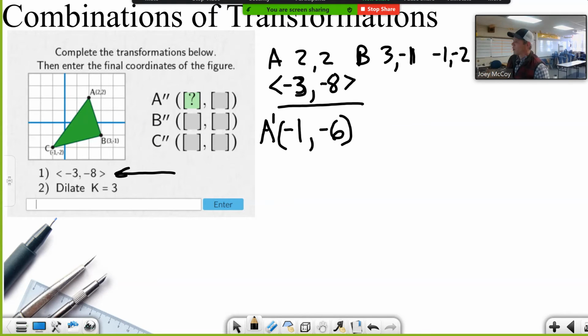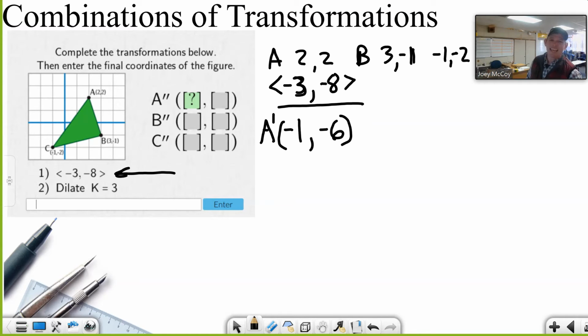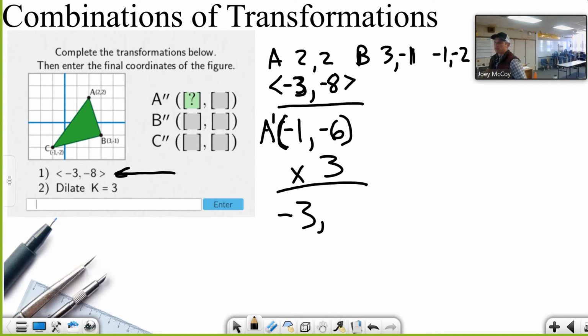So what we're going to do now is dilate this shape times 3. We are going to make this shape 3 times bigger. So a dilate just means that you are multiplying the coordinates by 3. So -1 times 3 is -3.